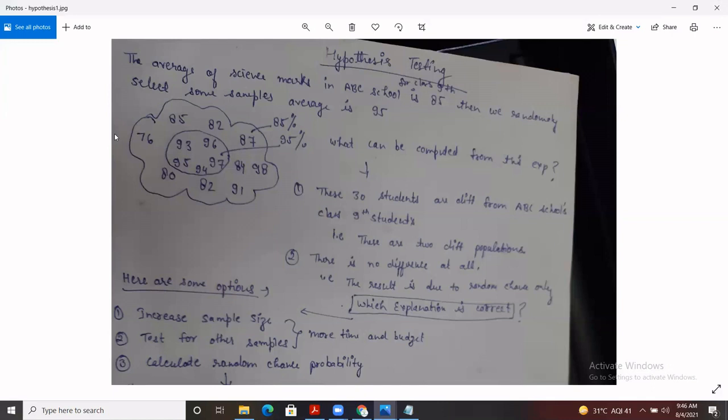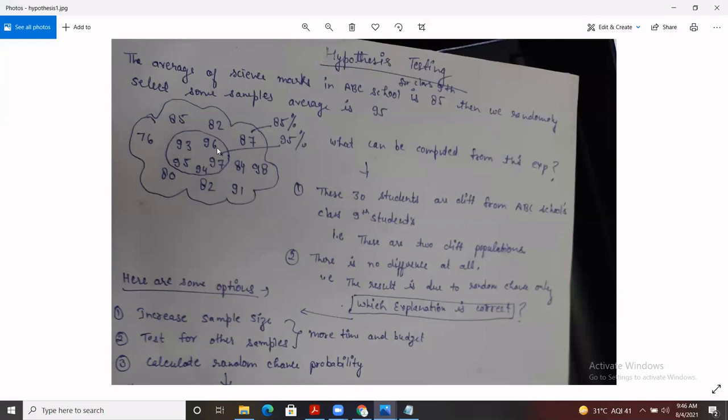Next, what we can do is test. We can pick some other samples. This time we have taken these samples, the ones I highlighted here. Next time we'll take different samples to test, because here we have a very small population data, so we can do it, that's okay.